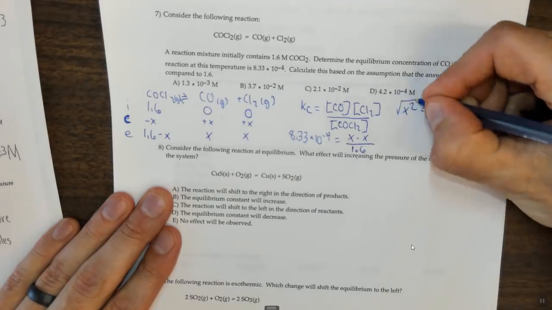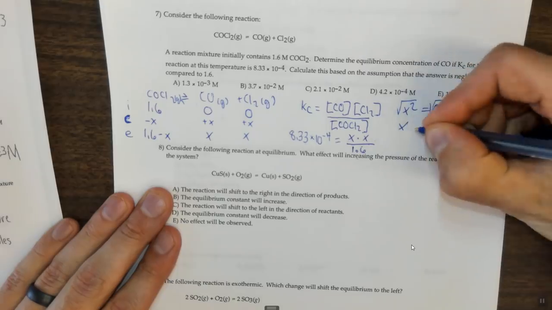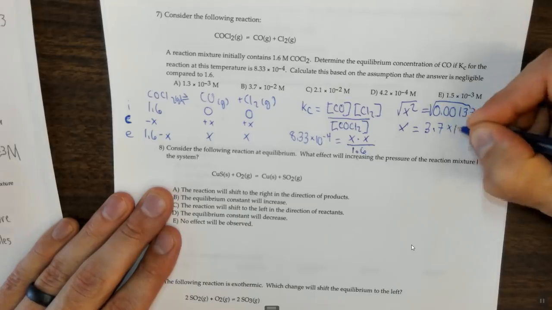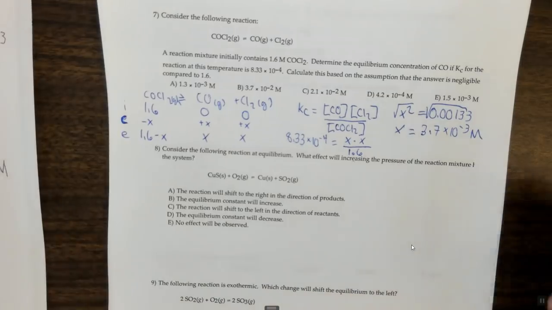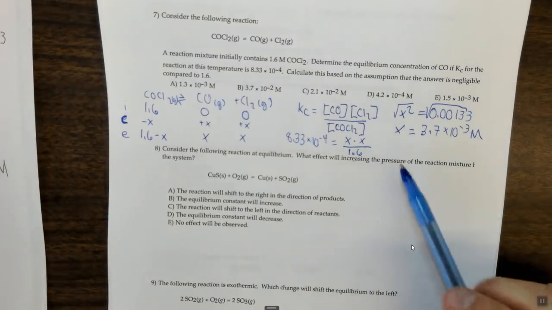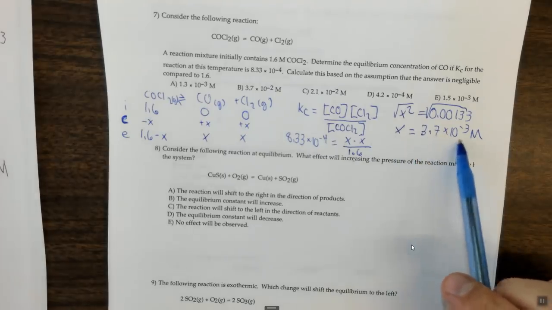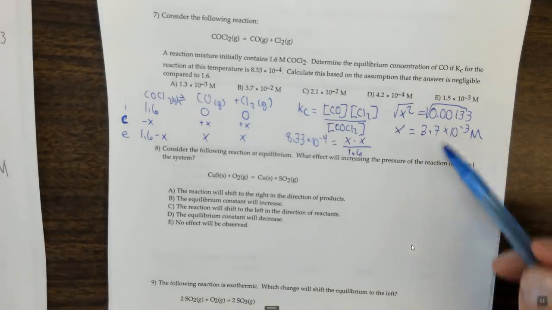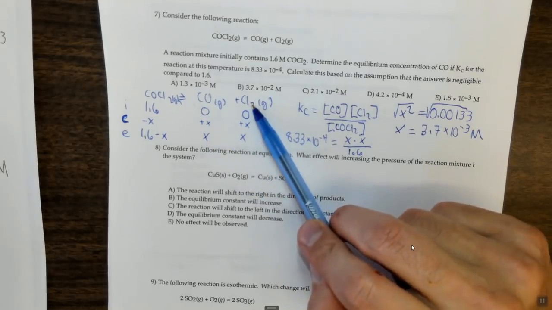So if I take the square root of this side and the square root of this side, I get X equals 3.7 times 10 to the minus 3 molar. Technically it's plus or minus, but you can't have a negative concentration. So it's going to be 3.7 times 10 to the minus 3 molar, which will give us the concentration of CO and Cl2 at equilibrium.